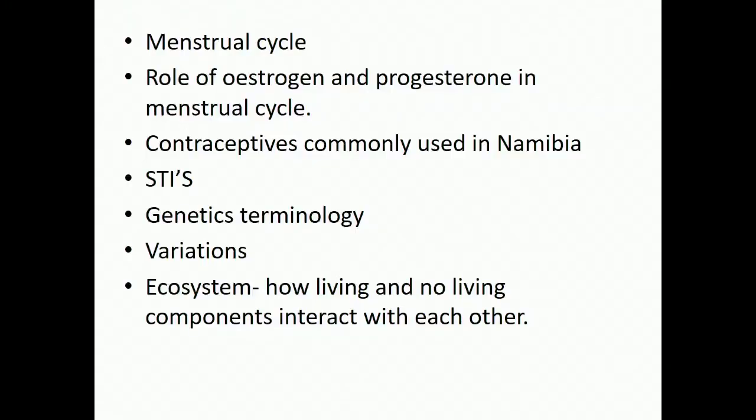Now, ecosystem, that is the chapter that we also have to look at. In ecosystem, we need to look at some of the terminology there. What is ecology, what is ecosystem, and how living and non-living components interact with each other. So we need to look at the producer, the consumer. Always when we're talking about a producer, we are referring to plants. Plants are producers, meaning that they produce food.